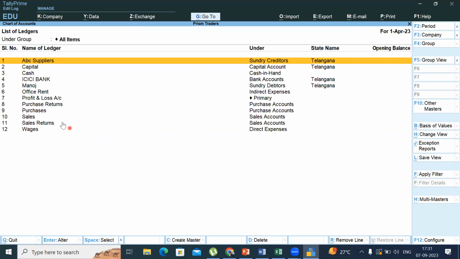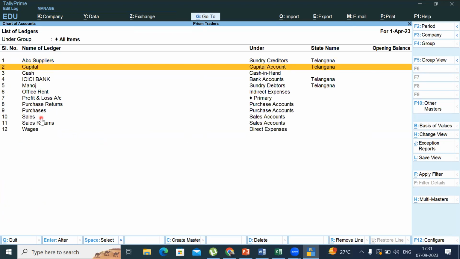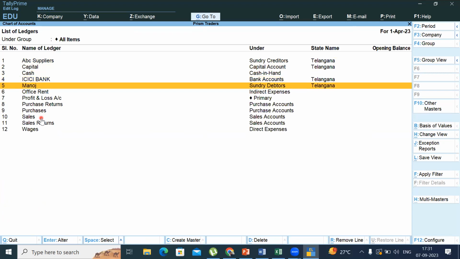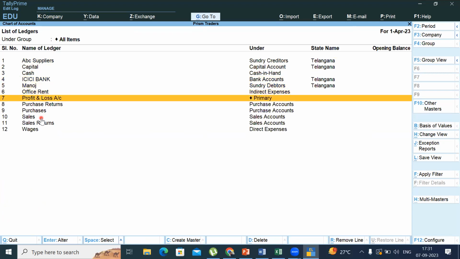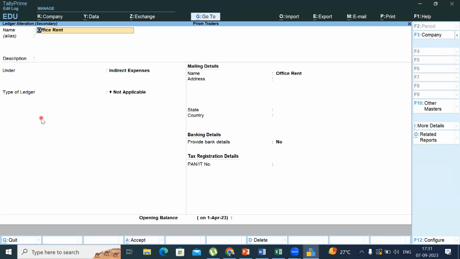Suppose you have made any changes: just open the ledger. For example, if you entered any mistakes or corrections are required, just enter the ledger and edit it. This screen is called the alteration screen. Actually, a ledger has two ways: creation on the front side and alteration on the back side.